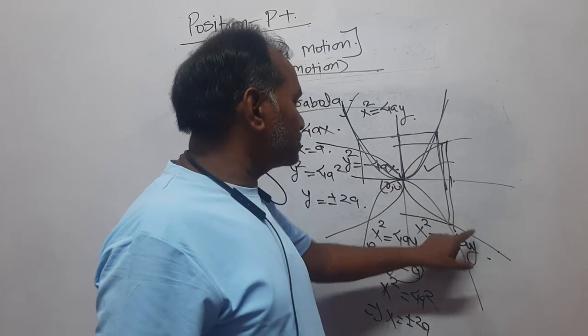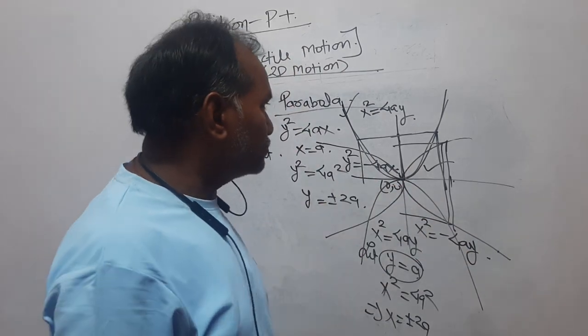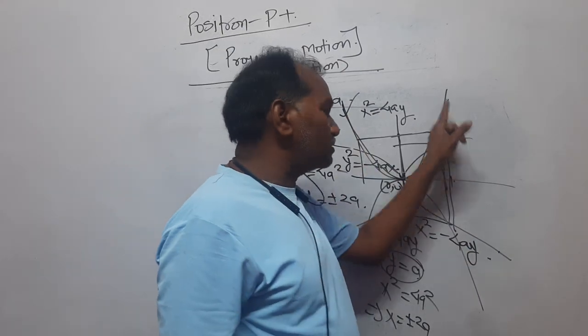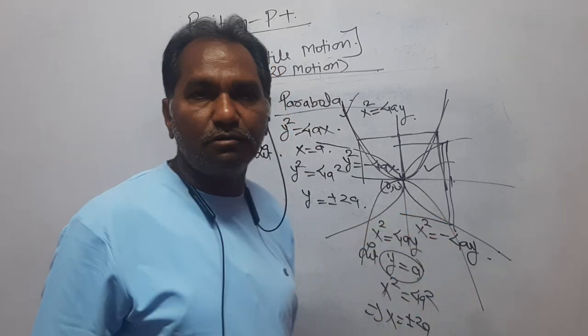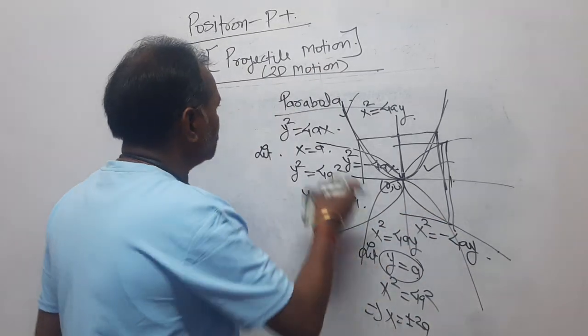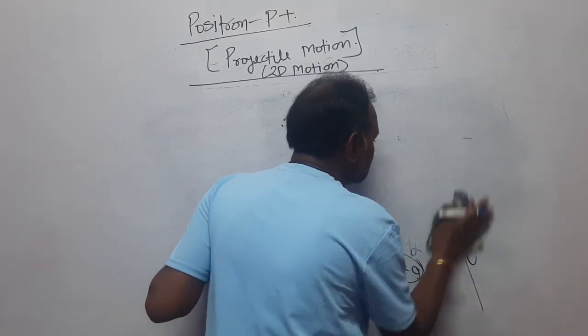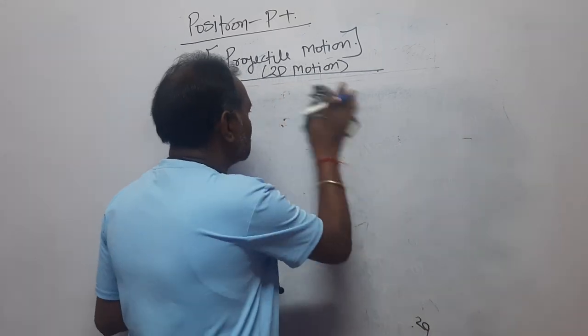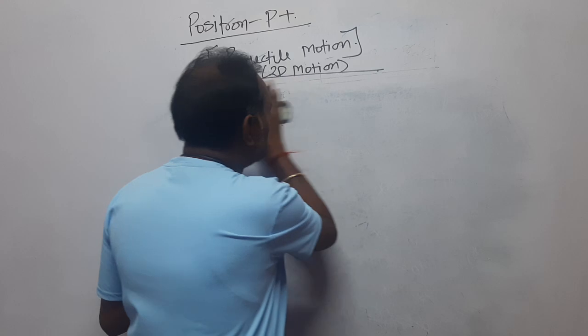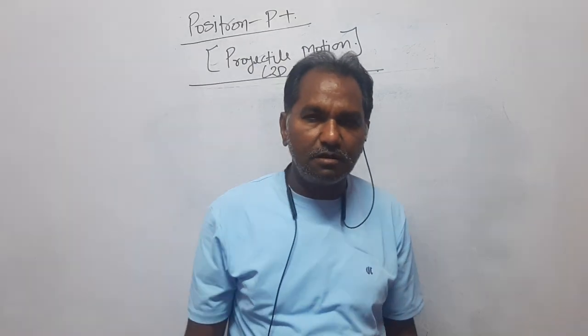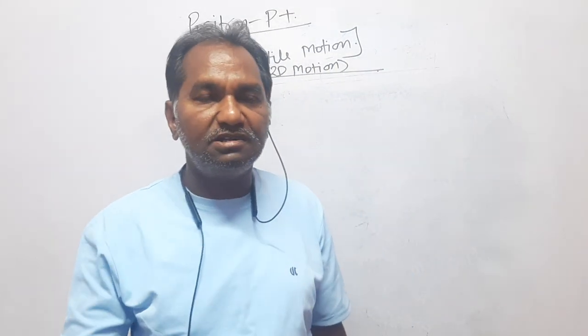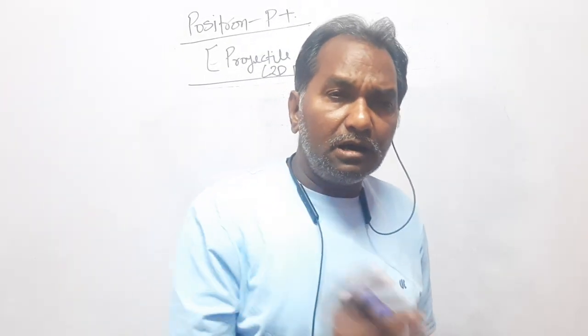This is y² = 4ax, this is y² = -4ax, this is x² = 4ay, and this is x² = -4ay. So what I have told you is that many standard equations of a parabola can be written in this way. The first one I said is ax² + bx + c = y. On one side, if x has power 2, then the other side y should have power 1.